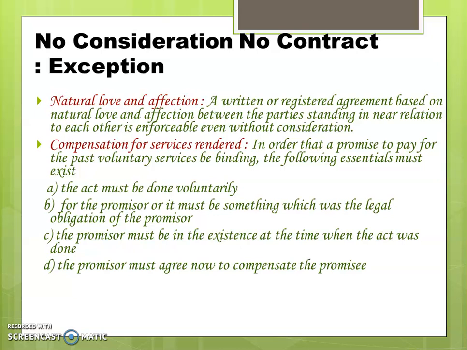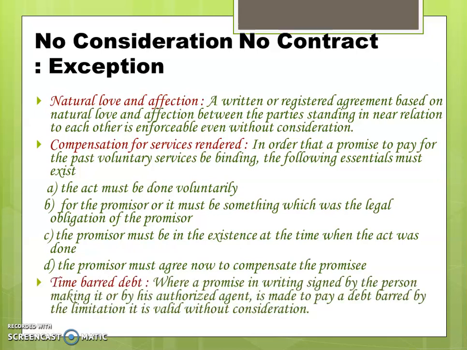These kinds of conditions are satisfied here. B is doing a voluntary service, it is a legal obligation that B is doing, the promisor is existing, and the promisor agrees to give compensation. So in such cases, the contract can exist even without consideration.